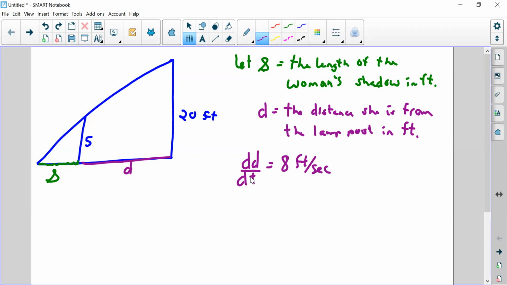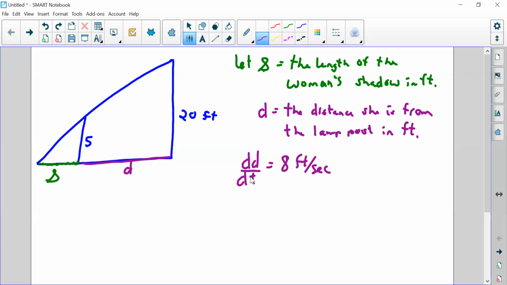Then we were asked to find the rate of change of the length of her shadow when she is 15 feet from the street light. So what would be our notation for that using calculus notation?